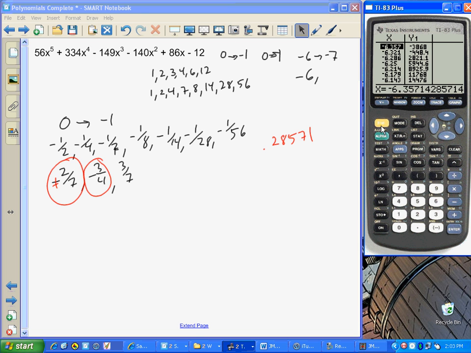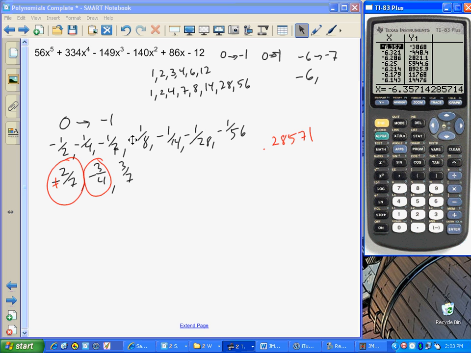Actually, we do need to start at -6, so we start at the whole number. -6, going up by 1/28. I want to head towards -7. Okay, so it's right there, so I'm not finding it.